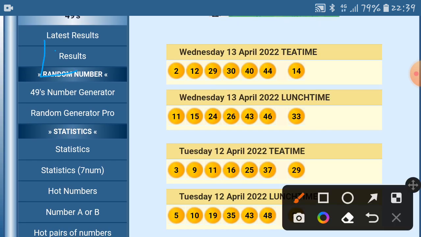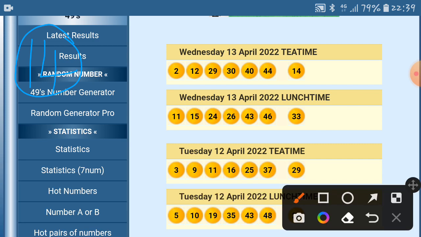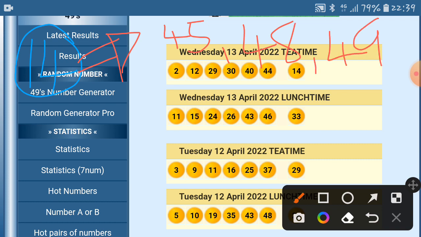The date tomorrow is the 14th, and the numbers that play on tomorrow's date: 45, 48, and 49. These are the first three numbers that you should start with on tomorrow's date.